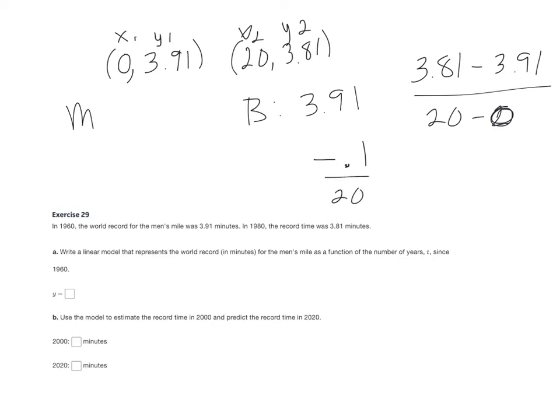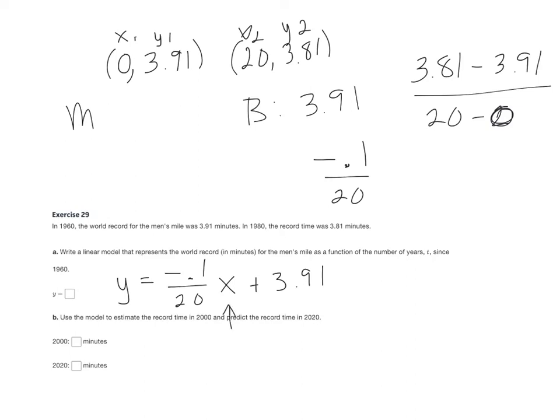So your equation would be y equals -0.1 over 20x, and then plus our y-intercept, which is 3.91.